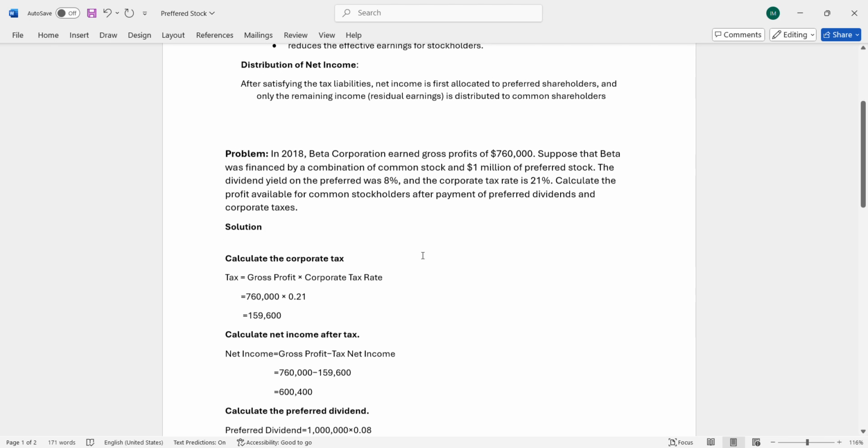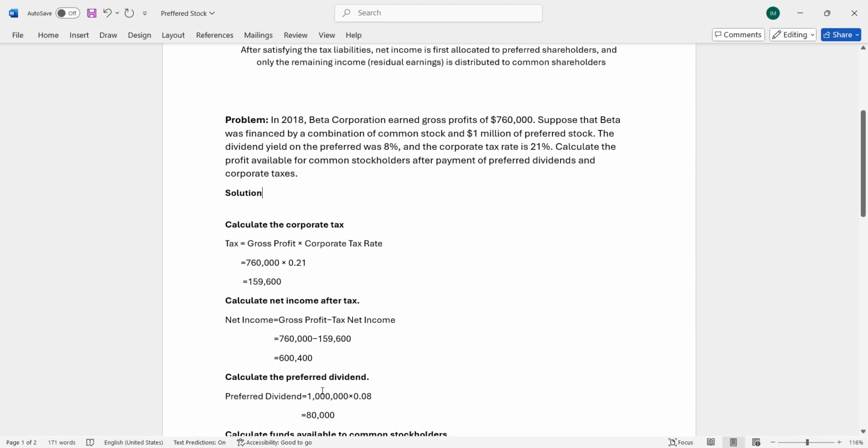So we can solve it step by step. First, let's calculate corporate tax. For corporate tax, we can just multiply the tax rate with our gross profit. Here we have our gross profit, and we just apply the tax rate, and now we have the tax amount, 159,600.